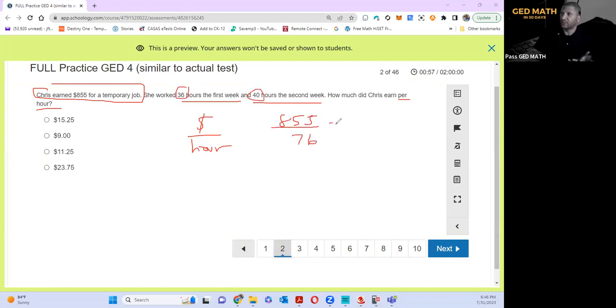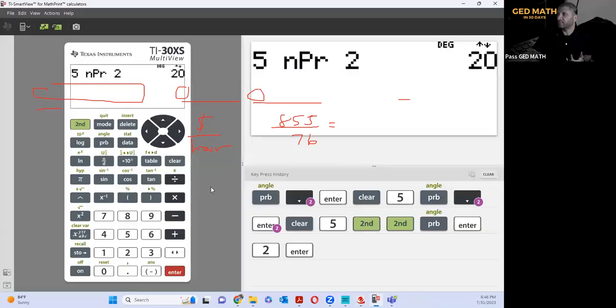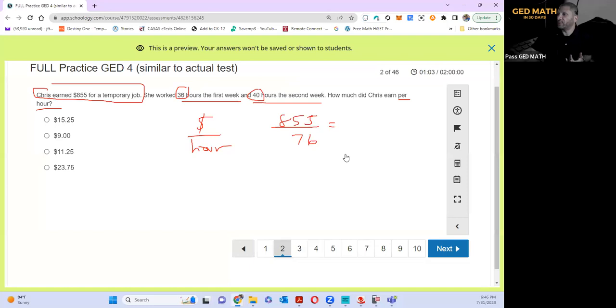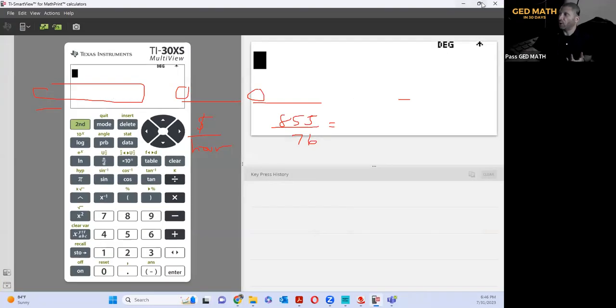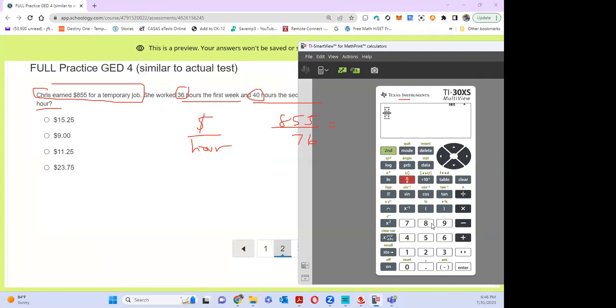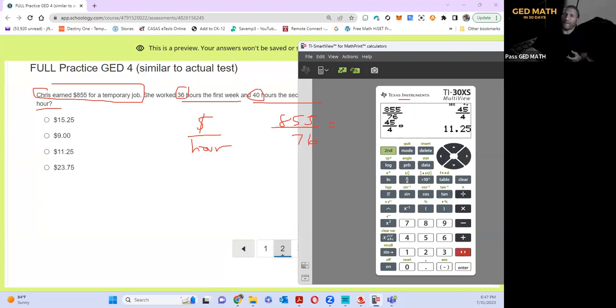Just throw that in your calculator. 8.55 divided by 76 is 11.25.